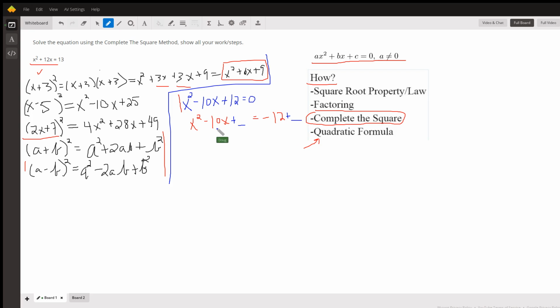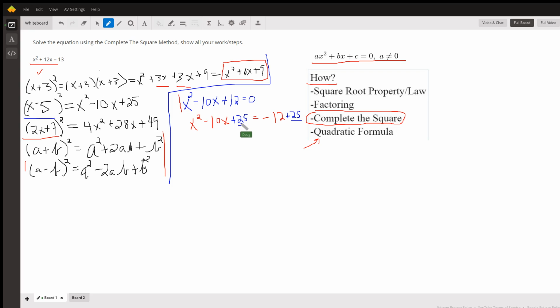Take half of b, which is negative 5, and square it. That's just like this guy right here. Half of b squared is 25. But if you add 25 to the left side of the equal sign, you have to add 25 to the right side. That step is called completing the square.